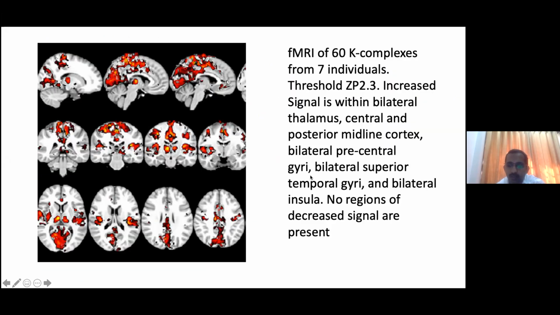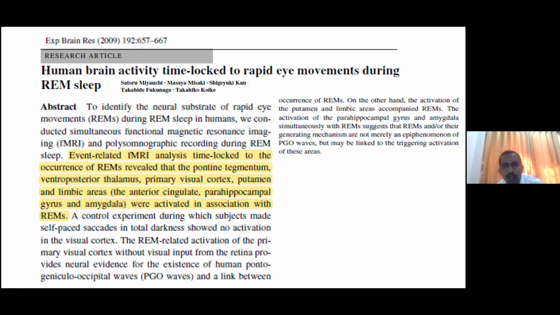Again regarding rapid eye movement: when are the rapid eye movements generated? In functional MRI time-locked to the occurrence of rapid eye movement, there is involvement of pontine tegmentum, ventroposterior thalamus, posterior visual cortex, putamen, and limbic areas, which are activated in association with rapid eye movements.